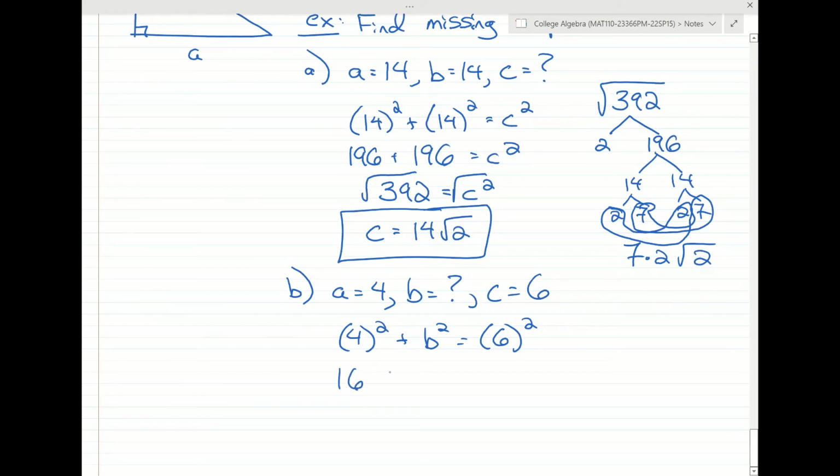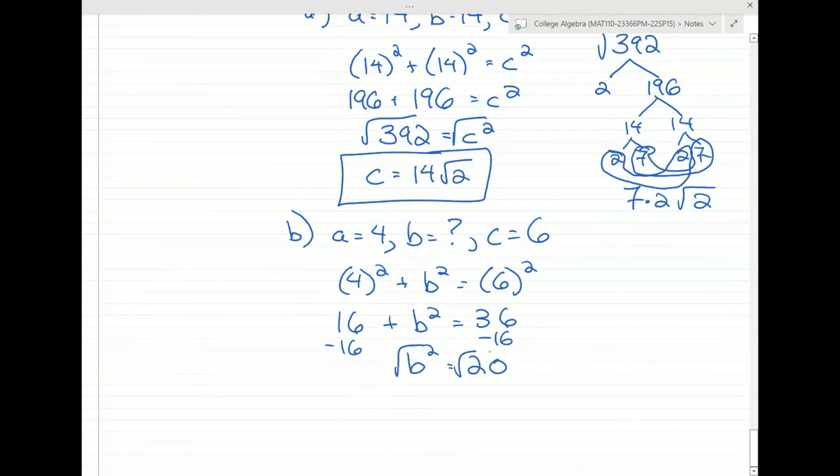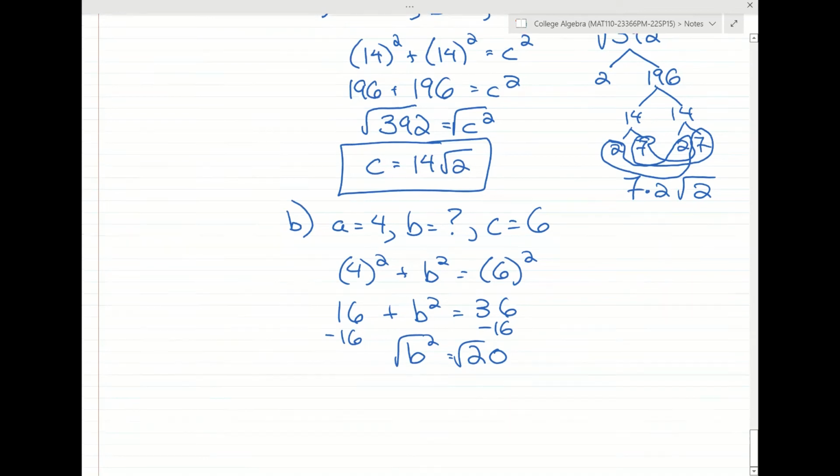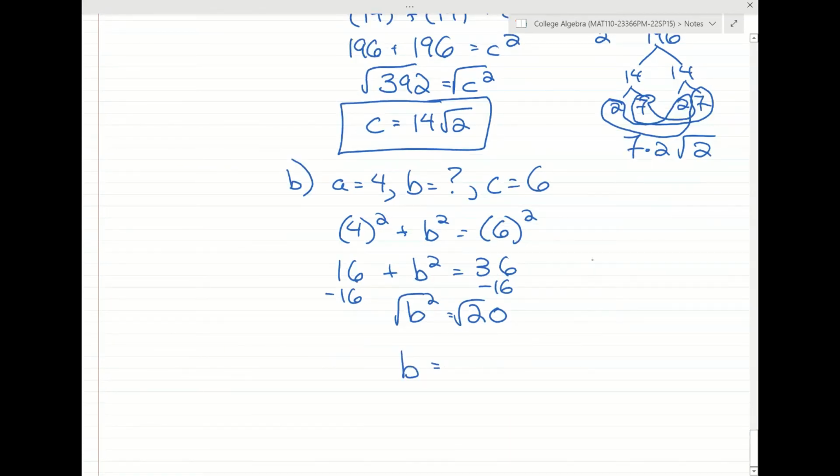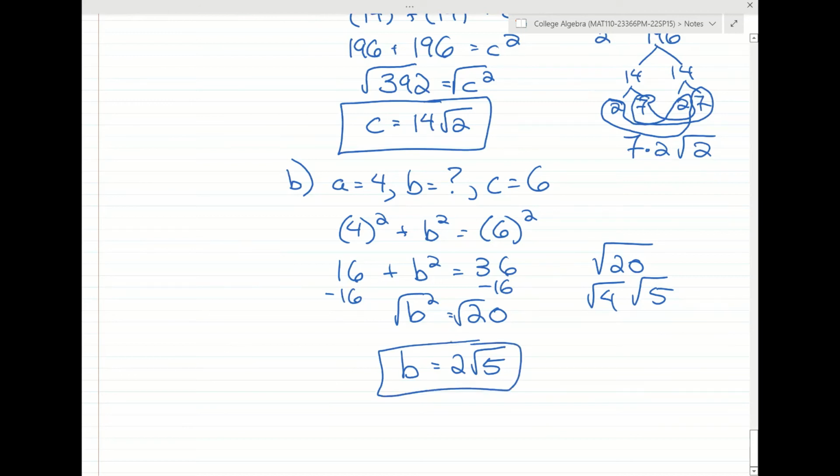This would be 16 plus B squared is equal to 36. Subtracting 16 on both sides. Go to square root. Is really just the same thing as square root of 4 times the square root of 5. Also done the factorization tree, small enough, I'm sure you would have gotten the same answer.